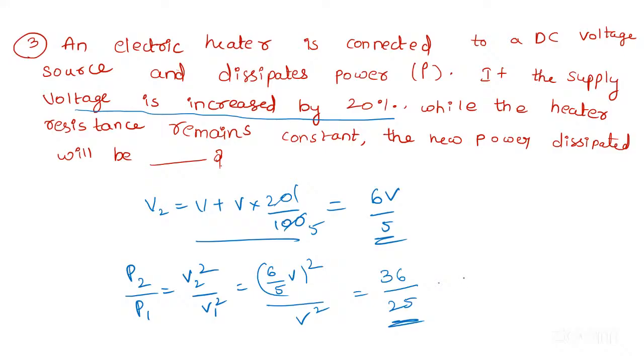So P2 will be 36 by 25 into P1, which is about 1.44. So this is the answer. Clear, students? Yes, ma'am.